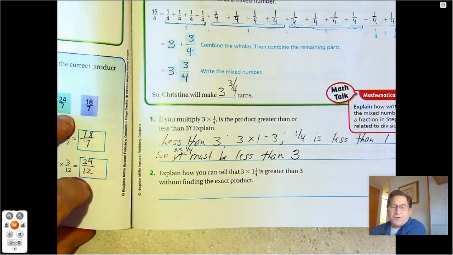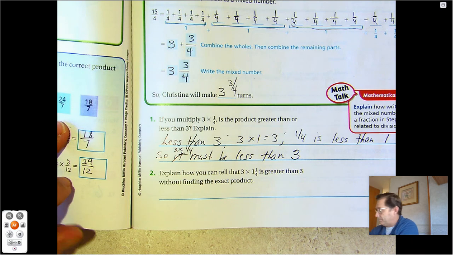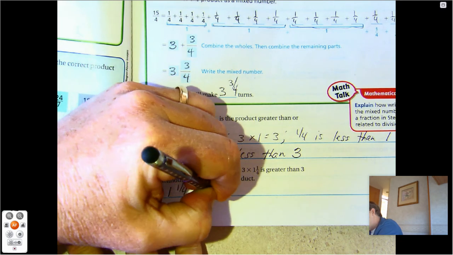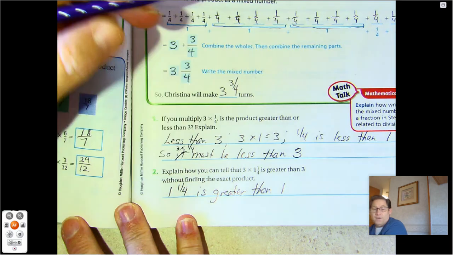Okay, explain how you can tell that 3 times 1 1/4 is greater than 3 without finding the exact product. Well, 1 1/4 is greater than 1.